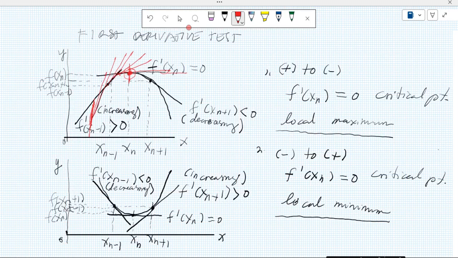So as you can see, the tangent line starts out positive, and what is happening here is that slowly its inclination is decreasing.